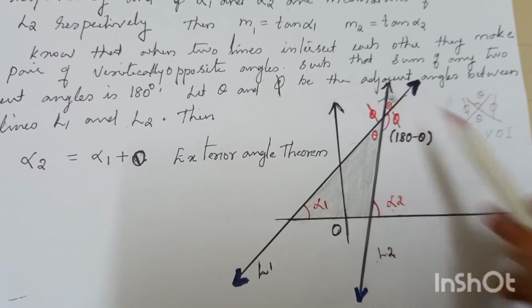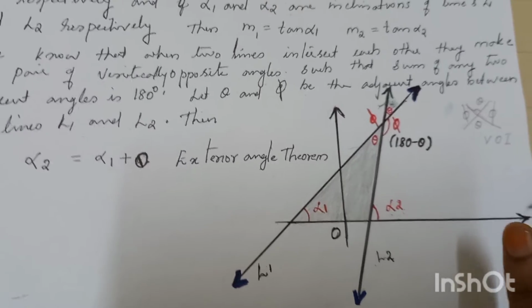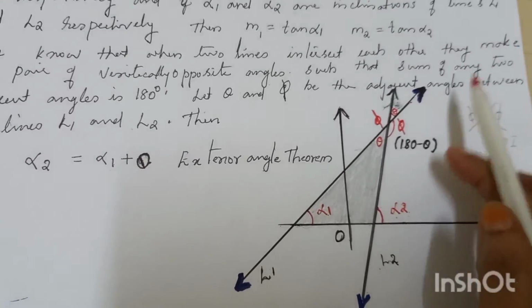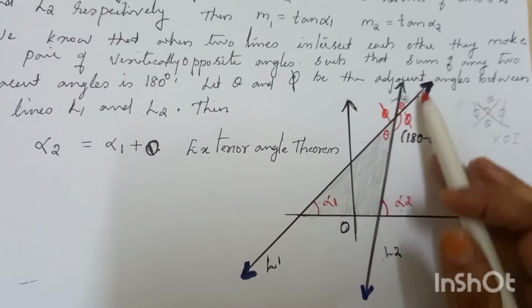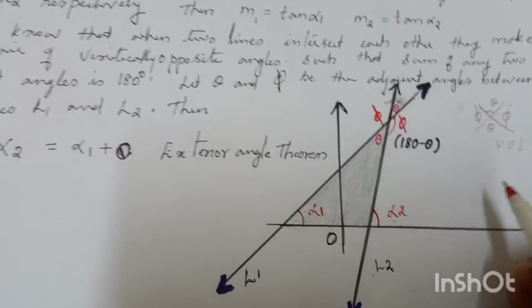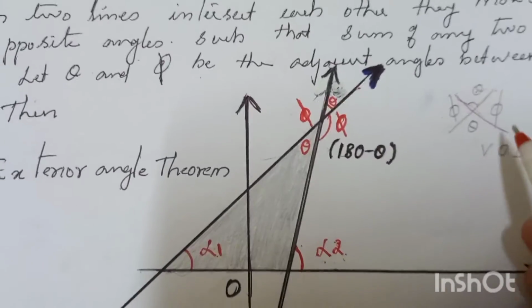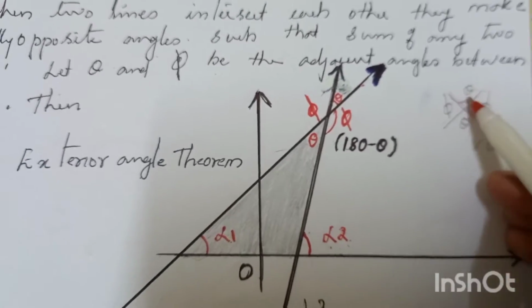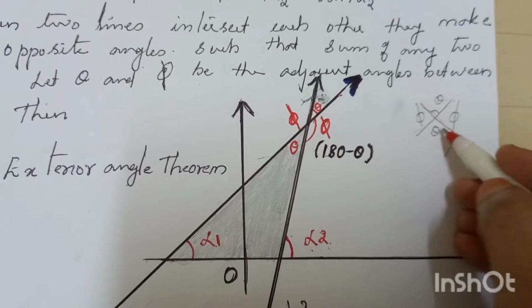We already studied in small classes, in 7th and 9th also, that when two lines intersect, vertically opposite angles are equal. We already studied that, isn't it? So this is theta, and what about this angle? This is also theta.